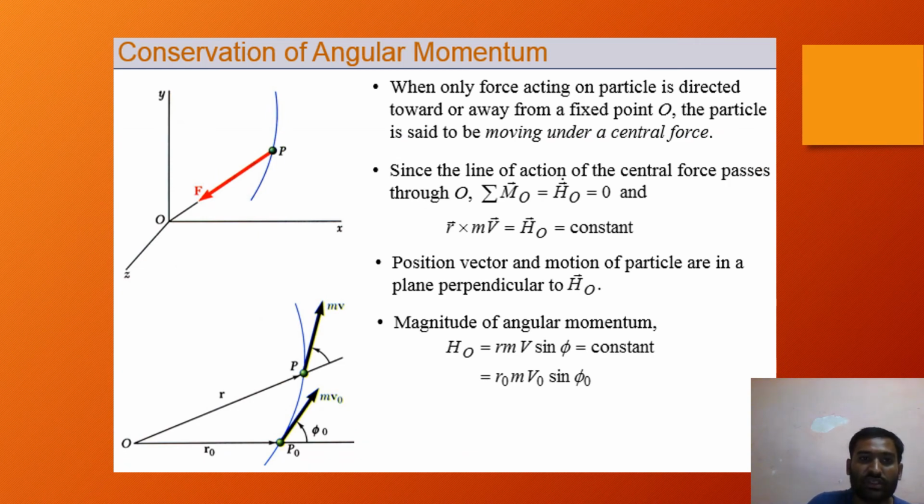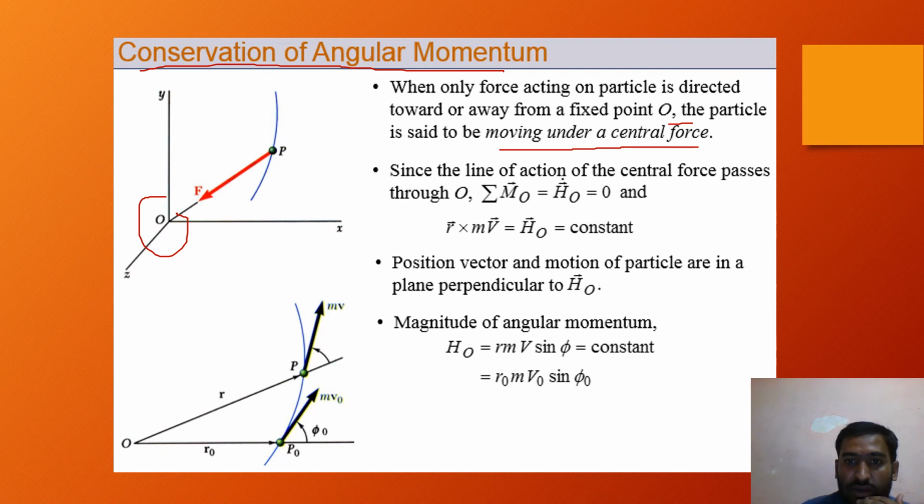Okay, now here is conservation of angular momentum. When the only force acting on a particle is directed toward or away from a fixed point O, the particle is said to be moving under a central force.